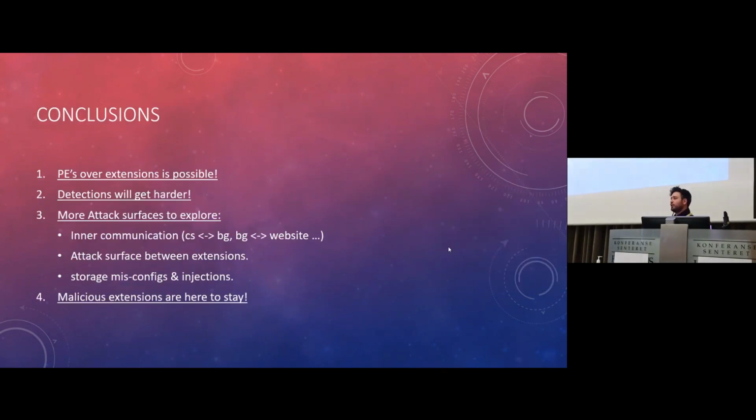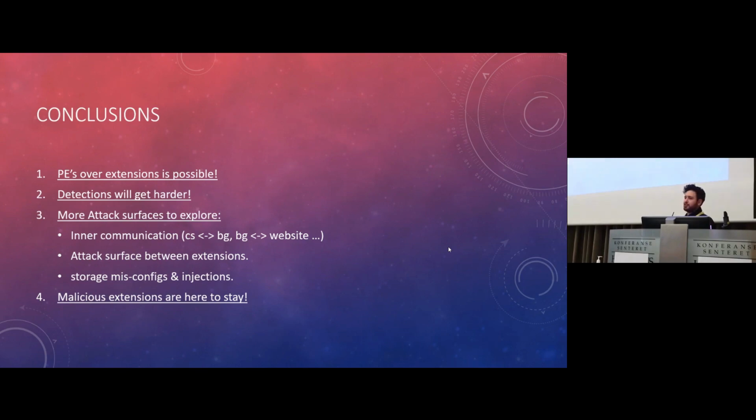So to conclude everything we discussed today: first, attacks via extensions are possible. We can jump the attack surface from one low-privilege extension to another, which is truly possible. Second, detection will get harder, because who even knows what's going on inside their extensions, inside their browser?